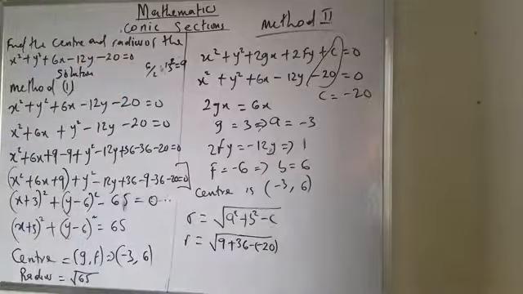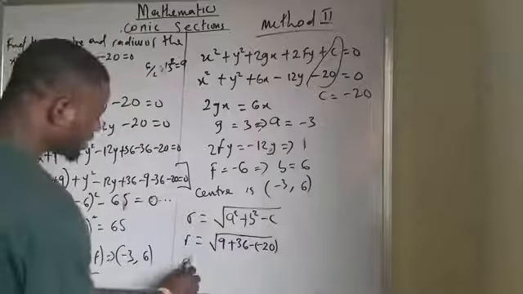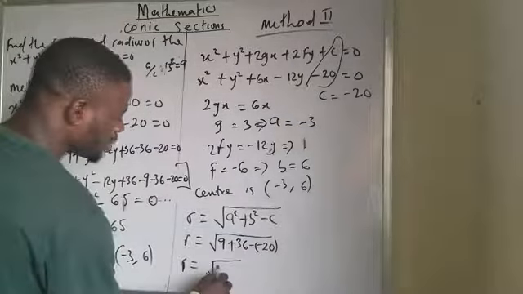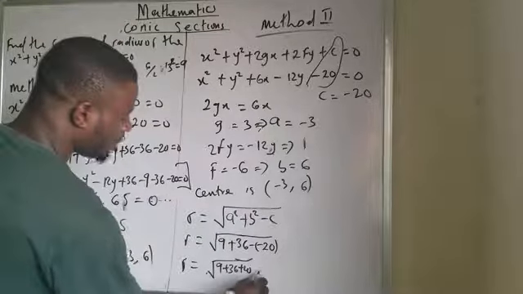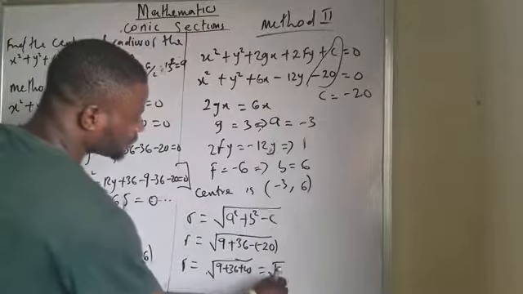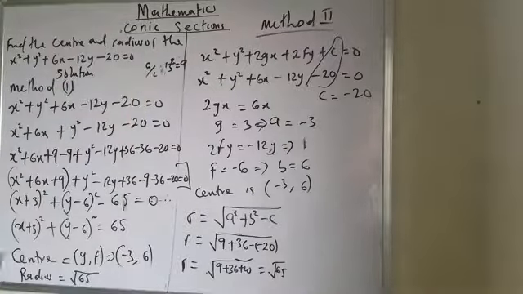Adding up everything, my r will be the root of 9 plus 36 plus 20, which gives me root of 5. Any method you are free with, you are good to go with them. Anyone you want to use, you can use it without problem. That is all about that.